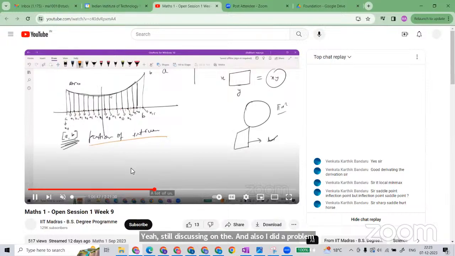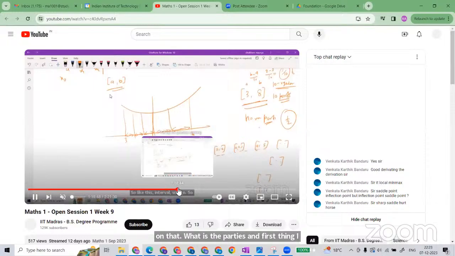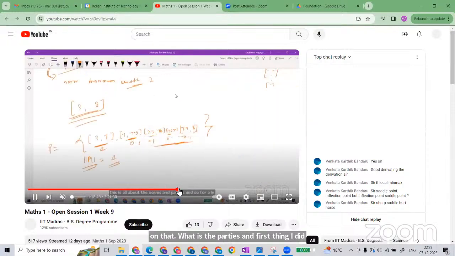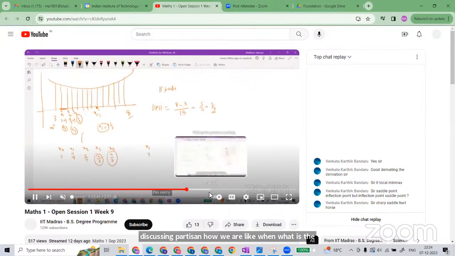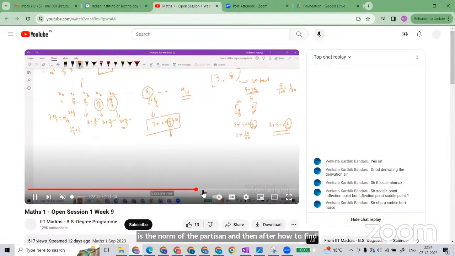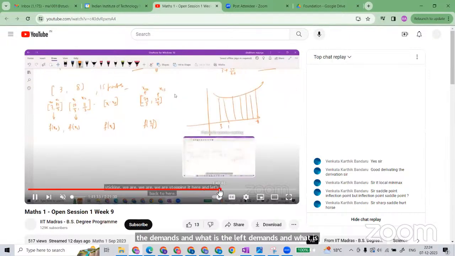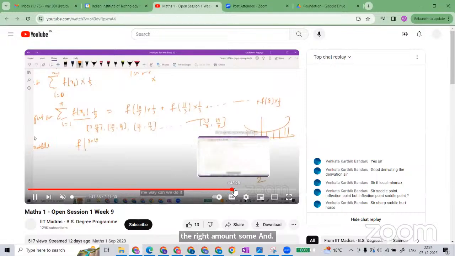First I started with what is a partition. Then, after partition, what is the norm of a partition. Slowly we discussed that, and then how to find the Riemann sum, what is the left Riemann sum, what is the right Riemann sum, each step.